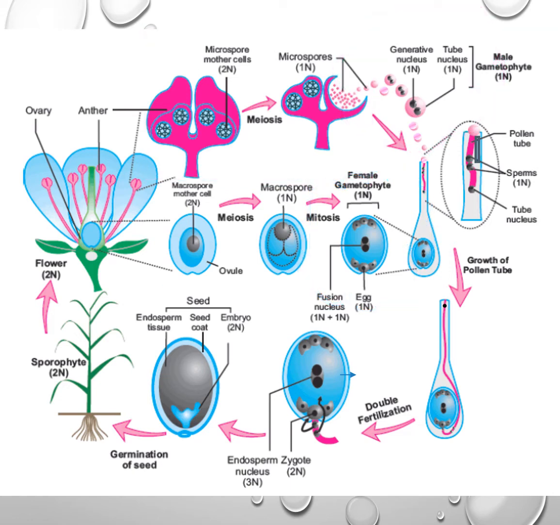Now what will happen is that the spores from the male gametophyte will fly toward the female gametophyte. As we know, the female gametophyte consists of a structure made up of stigma, style and ovary. See, this is the spore, microspore, which is formed inside the anther. This spore will fly and will drop on the female gametophyte.